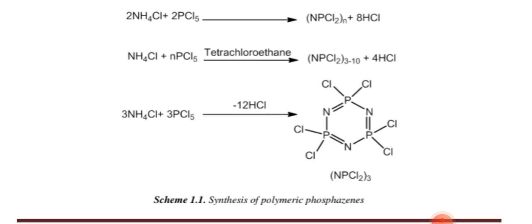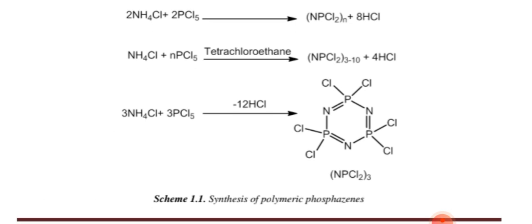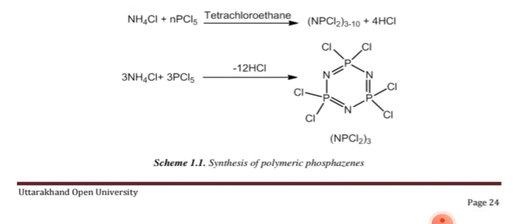Scheme 1.1. 2 moles of NH4Cl react with 2 moles of phosphorus pentachloride to form (NPCl2)n plus 8HCl, which is a phosphazene. NH4Cl, ammonium chloride, reacts with phosphorus pentachloride in the presence of tetrachloroethane to form (NPCl2)3 plus 4HCl.